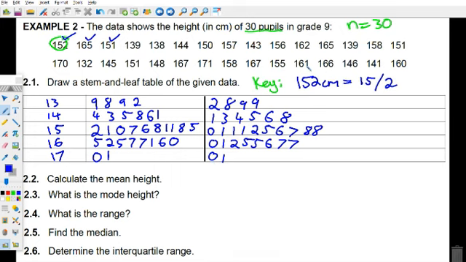Okay. So calculate the mean height. How do you calculate the mean? We say my mean is equal to the sum of all the points divided by my number of points, my population. All right, so let's add all that together. Add all the numbers and tell me what you get.